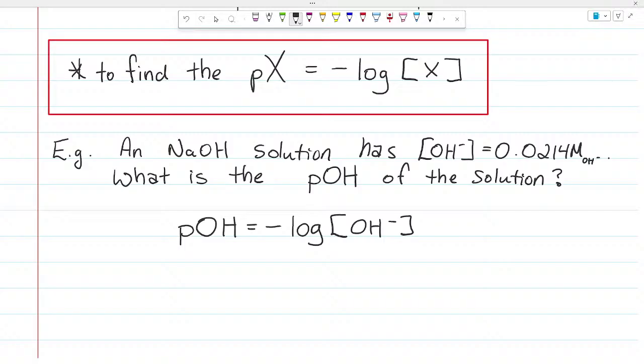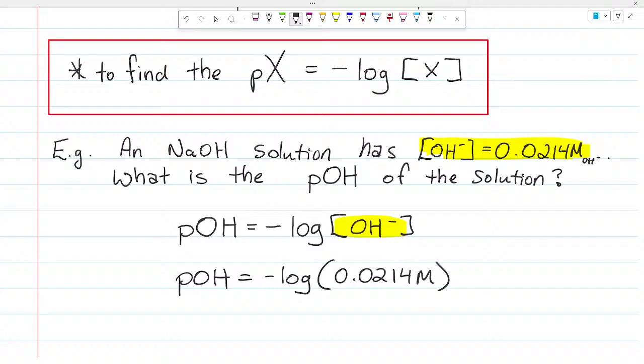So now we just have to say, what is the concentration of OH minus in this solution? Well, in this solution, the concentration of OH minus is there it is. So if we want to know the pOH of this solution, it would be the negative log of 0.0214 molar.